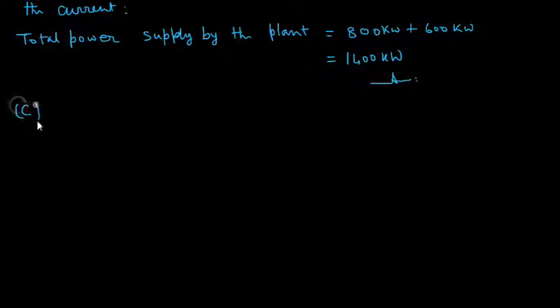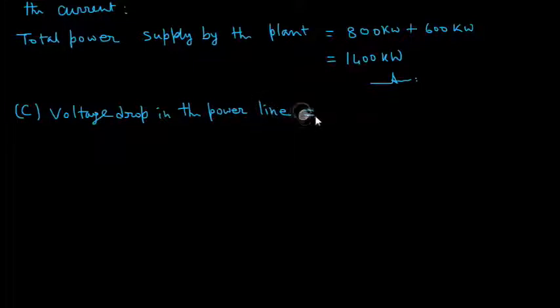Now part C, voltage drop in the power line is equal to IR, which is equal to 200 into 15, which is equal to 3000 volt.